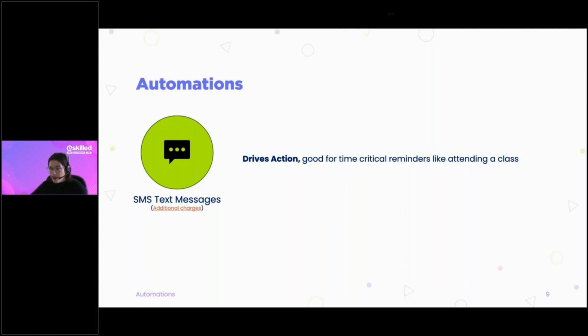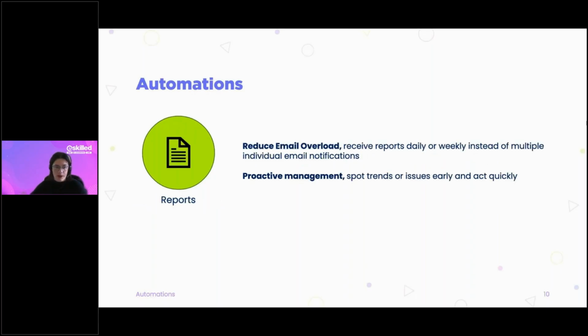And then finally, we've also got automation options for reports. They can be really useful if email notifications would be overload. If you get a new email notification for every new enrollment, that might give you 50 emails a day to look through. It might be too much.